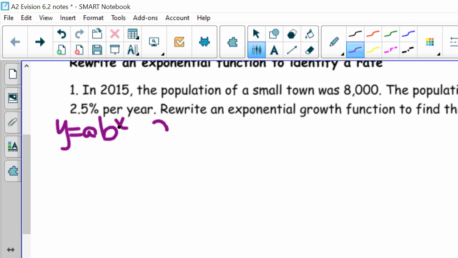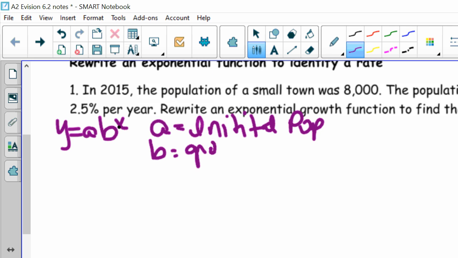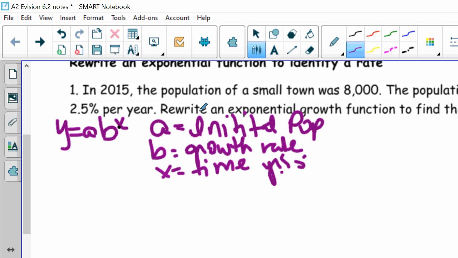We know that a is the initial population, b is the growth rate, and x is going to be the time in years since, in this problem, 2015.